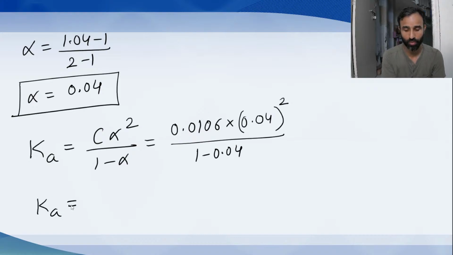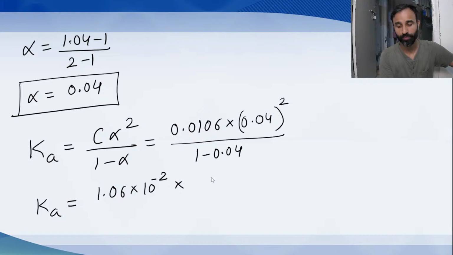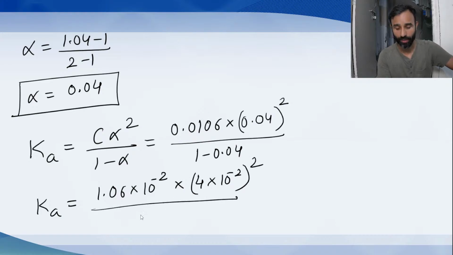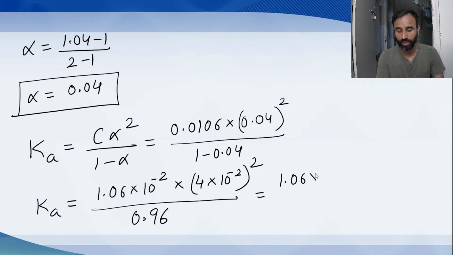So Ka equal to 1.06 into 10 raised to minus 2, 4 into 10 raised to minus 2 whole square divided by 0.96, that is 1 minus 0.04. So it is 1.06 into 10 raised to minus 2 into 4 squared, 16 into 10 raised to minus 4, divided by 0.96.